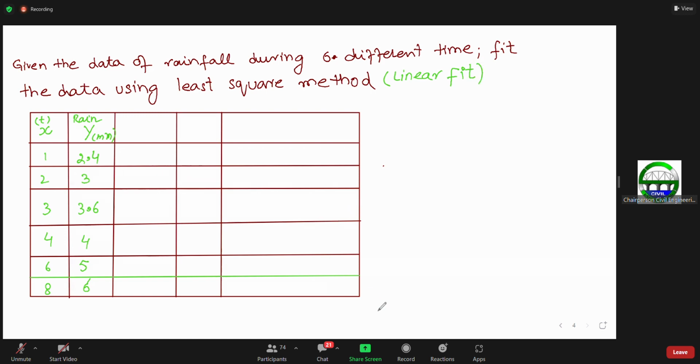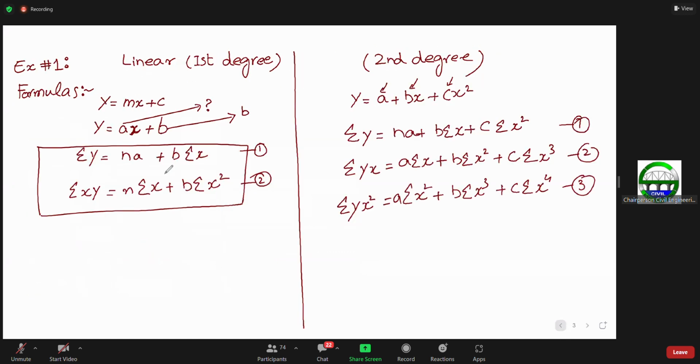If they ask you about the linear fit, then you will use this first method.